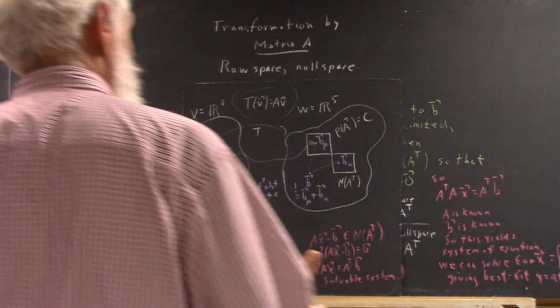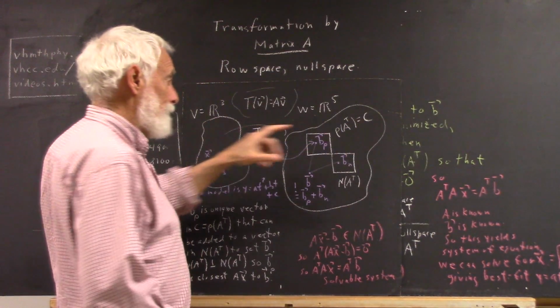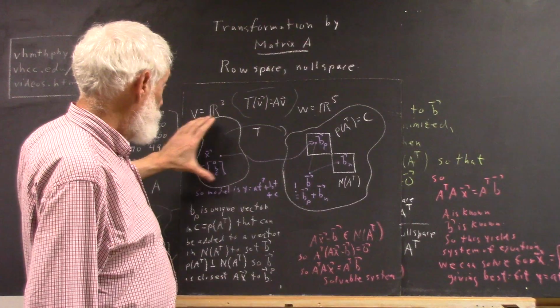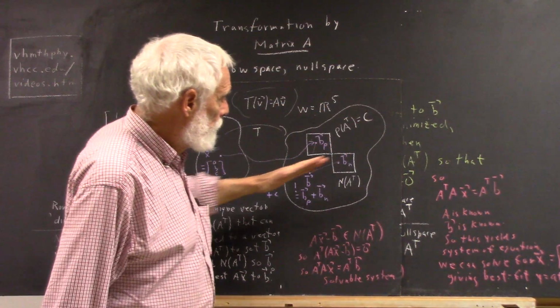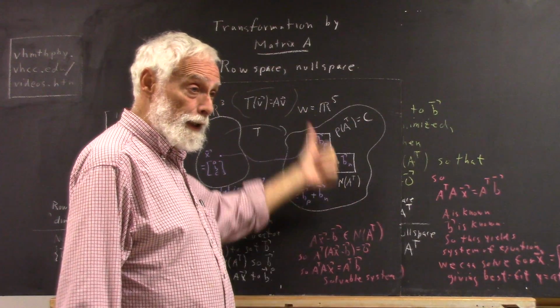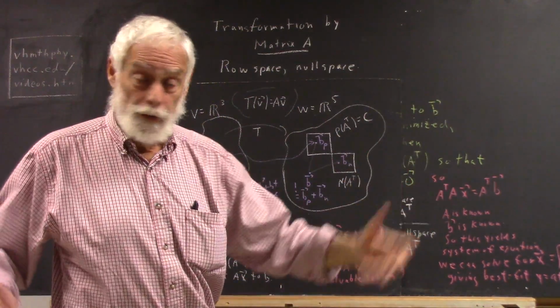Now, where previously I had depicted the column space, the space of all the vectors you get from vectors in R3, by an axis, one-dimensional, and the null space by an axis, and simply said, okay, these are actually, in general, higher dimensional.